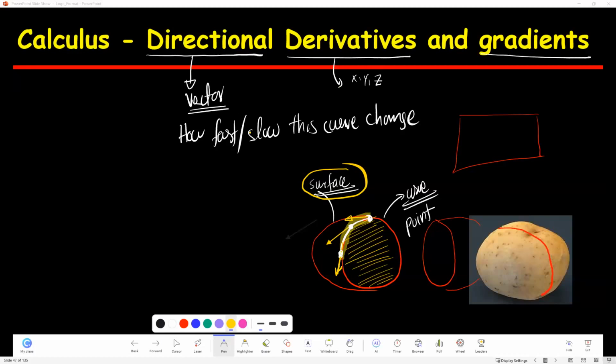I can give you the vector like this, i, j, k. Or I can give you points, like this point and this point, and you can make your own vector. This is the vector I'm talking about.